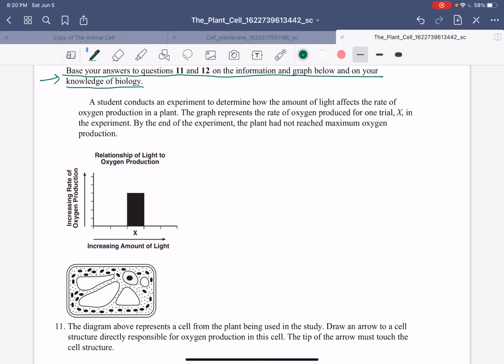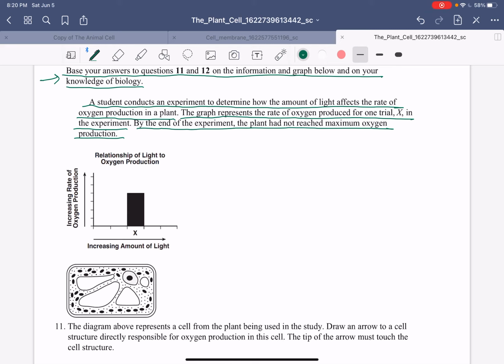Let's go. A student conducts an experiment to determine how the amount of light affects the rate of oxygen production in a plant. The graph represents the rate of oxygen produced for one trial, X, in the experiment. By the end of the experiment, the plant had not reached maximum oxygen production.